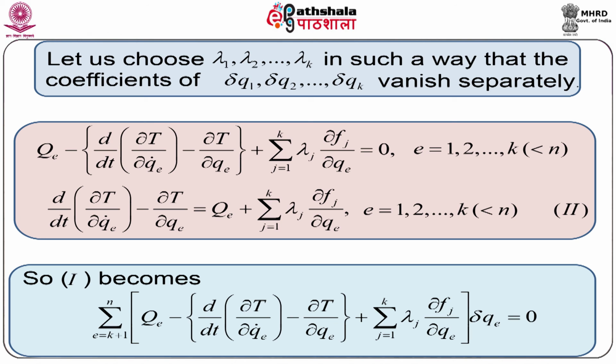This equation is valid for e equal to 1, 2 up to k. Shifting this term to the right hand side, we get this equation. So, equation 1 can be rewritten in this way.